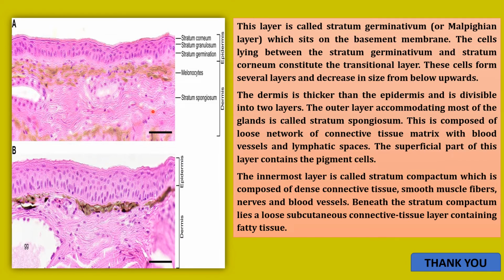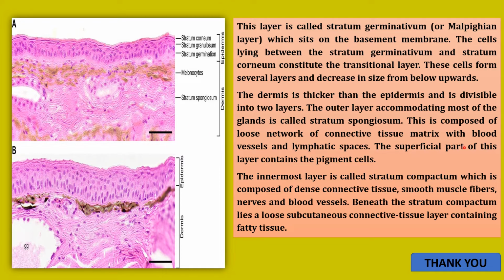But lymph is a fluid that is colorless because RBC is not present here. RBC is red blood cell, and WBC is white blood cell. So lymph is a colorless fluid made up of WBC. Hope you have understood about these lymphatic spaces.